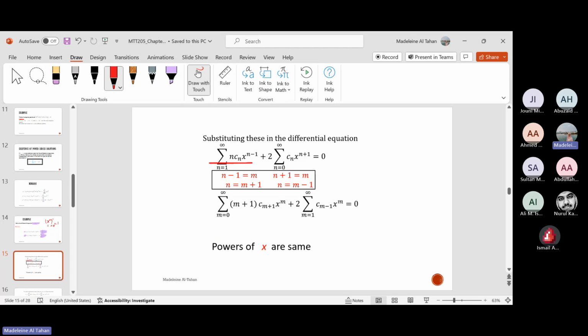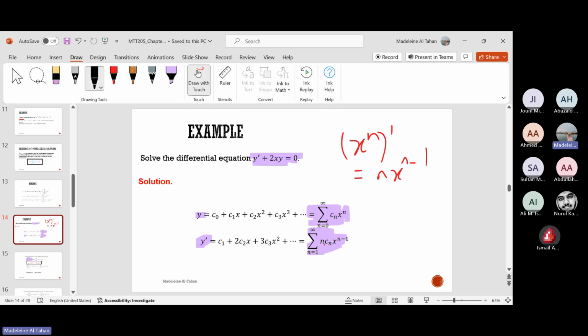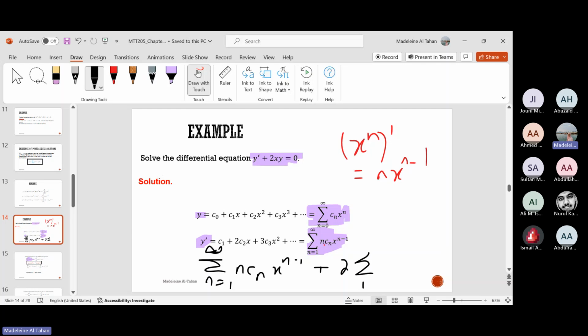So this is y prime, and so we will get sigma from n equals 1 to infinity n Cn x^(n-1) plus 2 times sigma from 0 to infinity x Cn x^n, where x is outside as well.